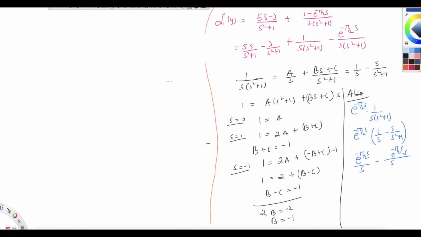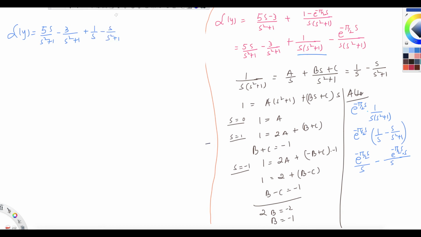So therefore you can write the Laplace transform of y equals 5s over s squared plus 1 minus 3 over s squared plus 1 plus what do you write? 1 over s minus s over s squared plus 1, right?